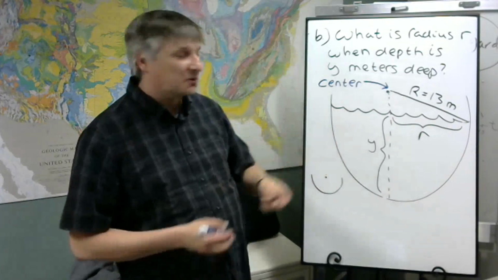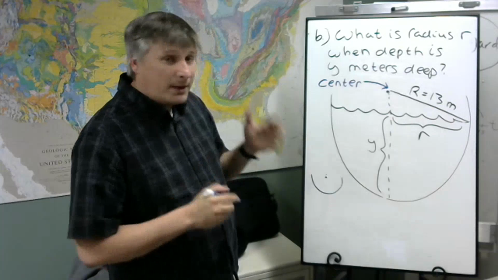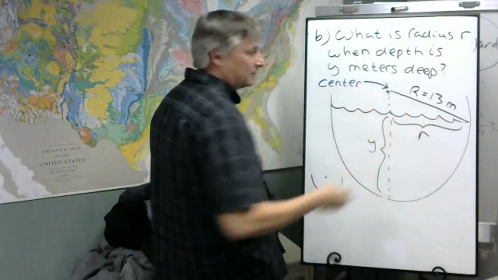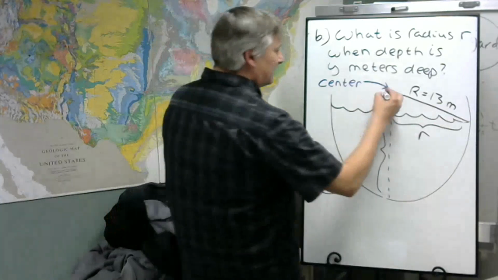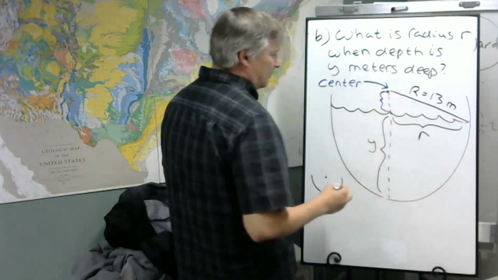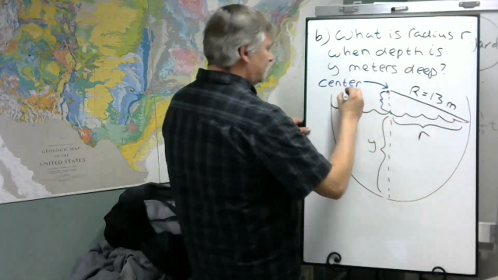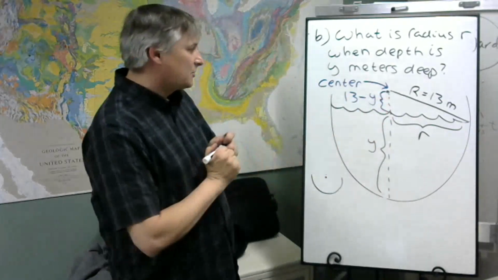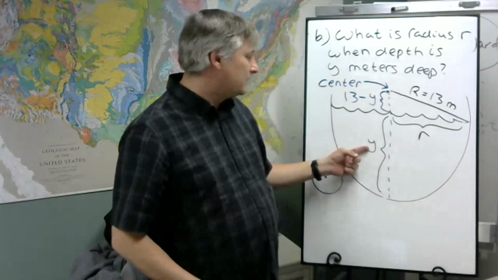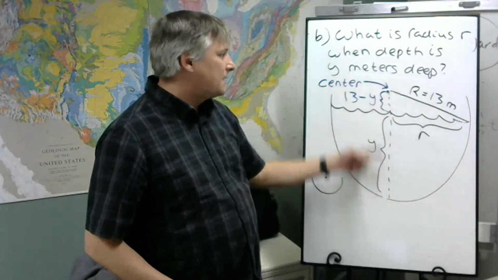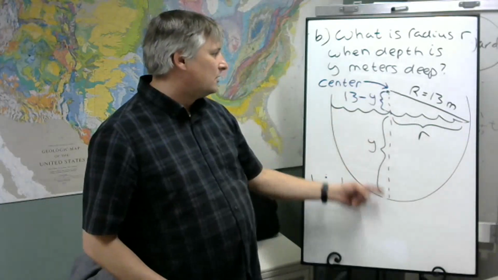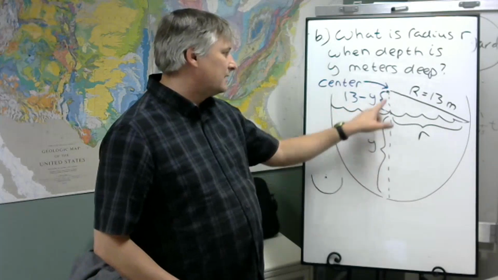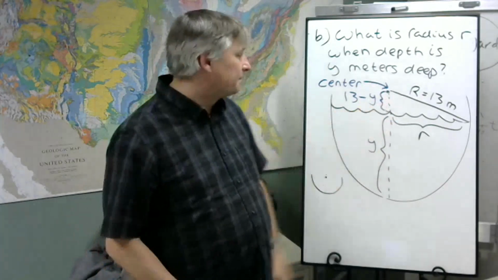Anyway, we got this other version. So what this means is this. If this is 13 meters, just like this is, despite what the picture says, then this distance here is 13 minus y. So if this was, say, 8, like last time, and the whole thing is 13, then this little piece here would be 13 minus the 8. That would give us 5 in this example.